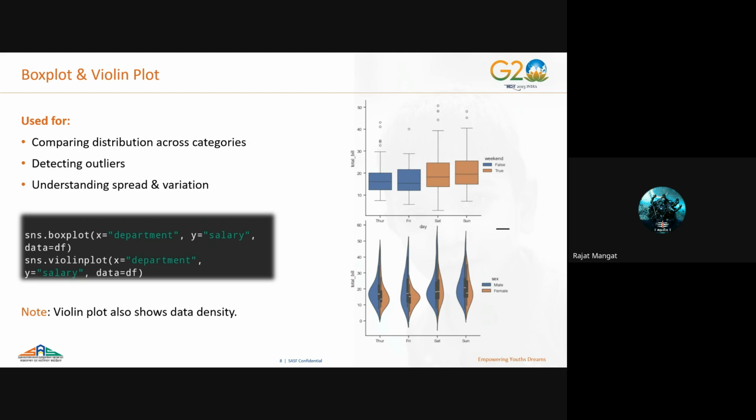Let me think of an example. Say there is data which contains the spending of customers. There is a certain budget that is with the customer: this much money I can spend on the product or on the groceries.